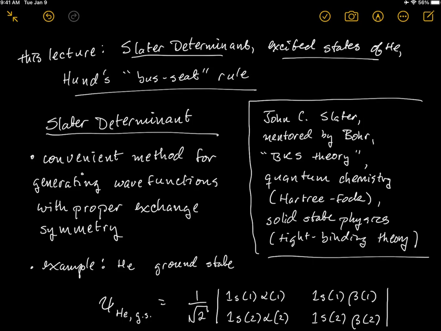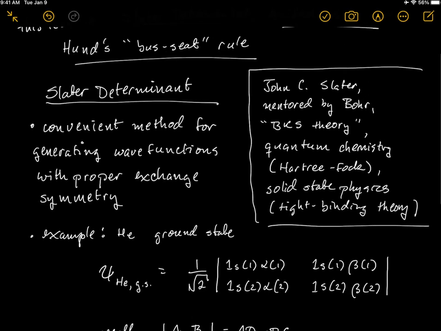So we can think of an example that leads us towards the Slater determinant, in that we previously developed an expression for the helium ground state, where one electron is in a spin-up state and one electron in a spin-down state, and both electrons are in the 1s orbital.